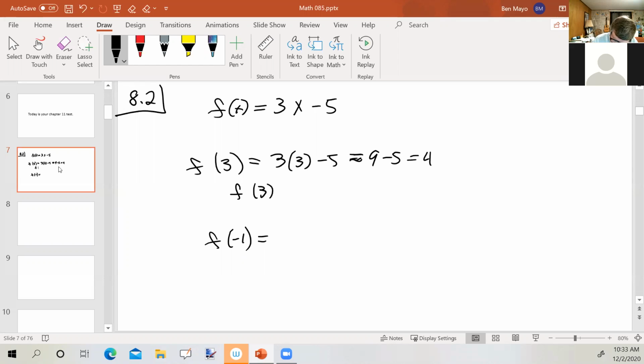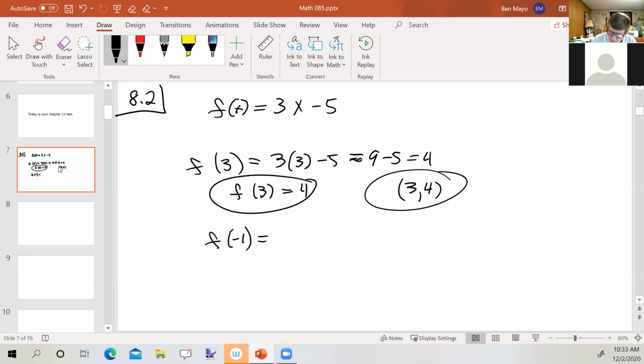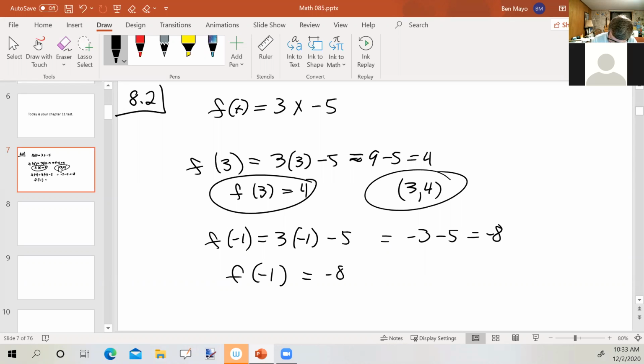So f of 3 equals 4. This corresponds to the ordered pair (3, 4). This is function notation. This is ordered pair notation. f of -1 would be 3 times -1 minus 5, which is -3 minus 5 or -8. So f of -1 equals -8. This corresponds to the ordered pair (-1, -8). Any questions about that?